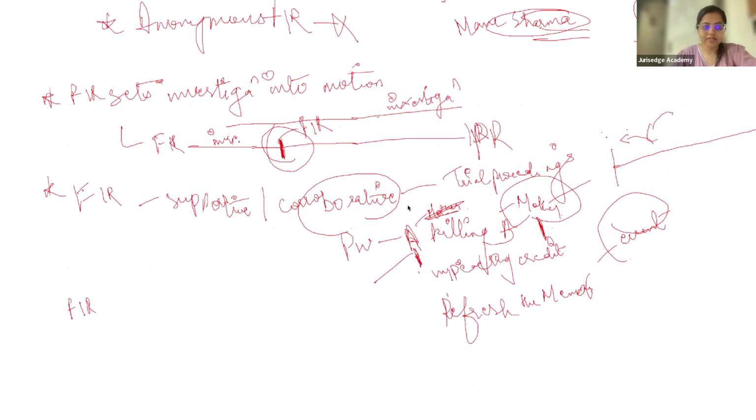The FIR is filed, the investigation is started. Suppose the neighbor comes to the police station again and tells the police that we were seeing the whole incident from our window.